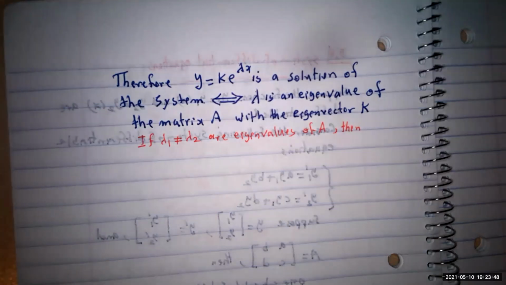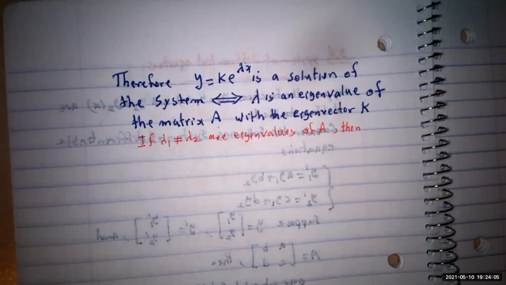In general, when lambda 1 is not equal to lambda 2, these two solutions would be a basis for all the solutions of the system of equations.